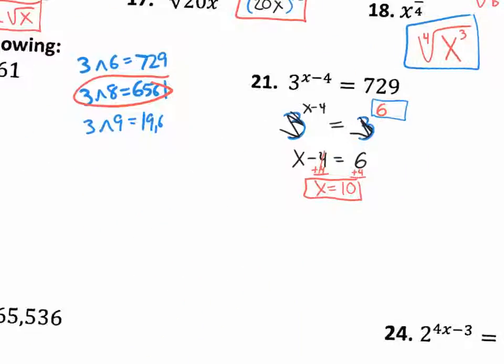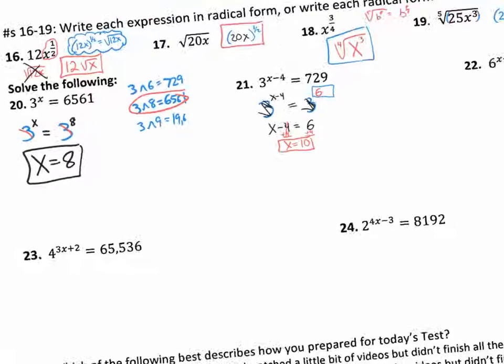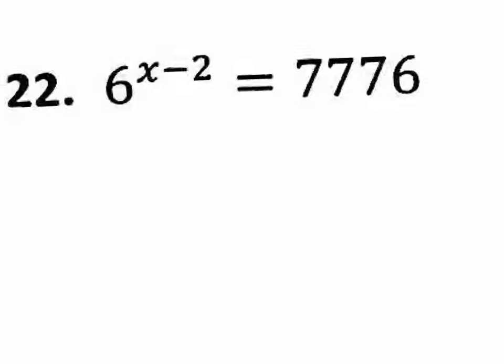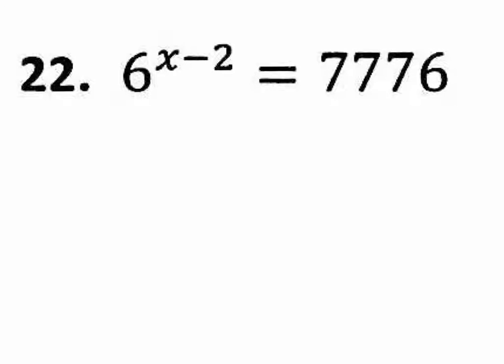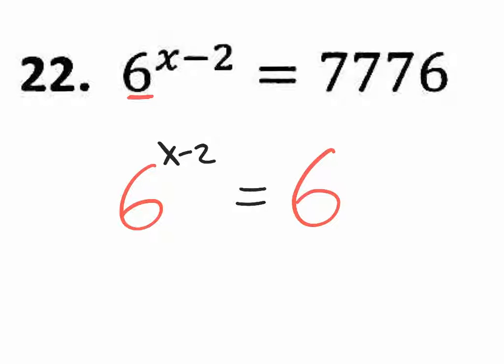Let's move on to number 22. Again, we have the base 6. So we have 6 right here to the x minus 2. And we need a 6 over here as well. But we need a certain power. Is it 5th? Okay, so I'm going to use a calculator just to verify 6 to the power of 5.